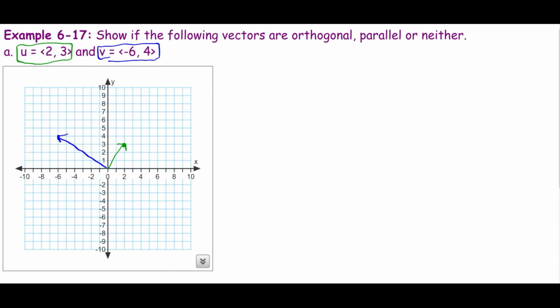In this example we're looking at vector u, which is 2, 3, and vector v, which is negative 6, 4. If we draw these out, it appears that these two are perpendicular, so we're going to test for perpendicular. Remember, if the two vectors are perpendicular, or what we refer to with vectors as orthogonal, then we test if the dot product is 0. So we'll see if u dot v equals 0.